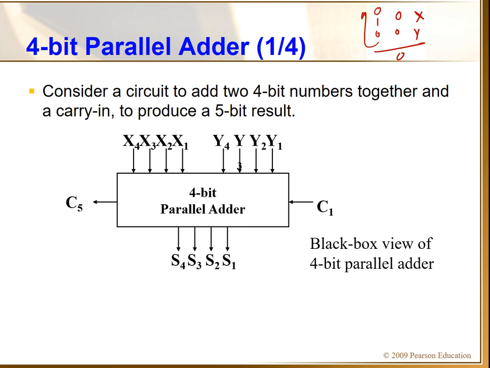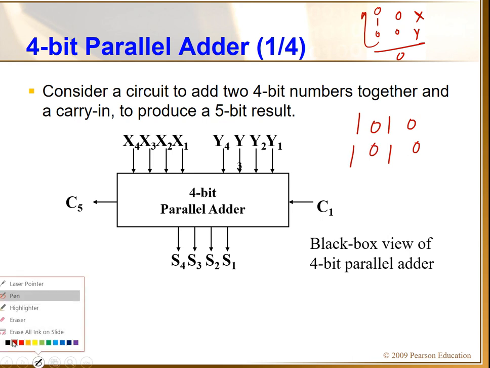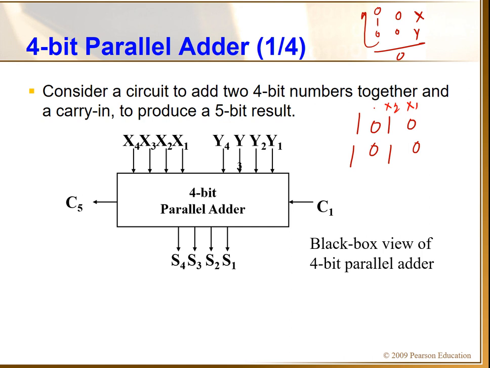For example, let's say you want to build a 4-bit parallel adder, where you have 4 bits, for example 0 1 0 1 and 0 1 0 1. These are my inputs x1, x2, x3 and x4, and these are my second inputs y1, y2, y3 and y4, and I want to add them in parallel at the same time.